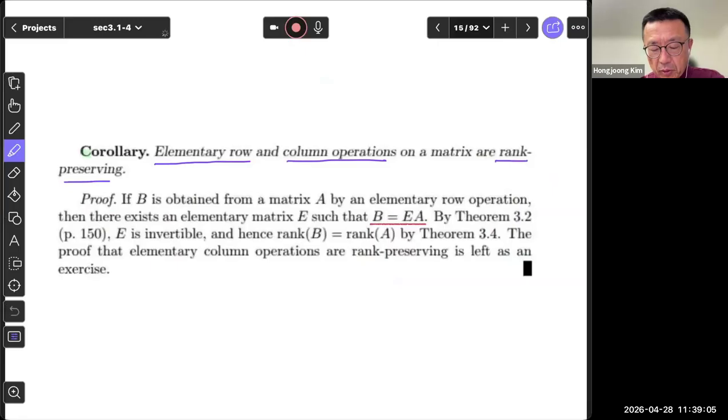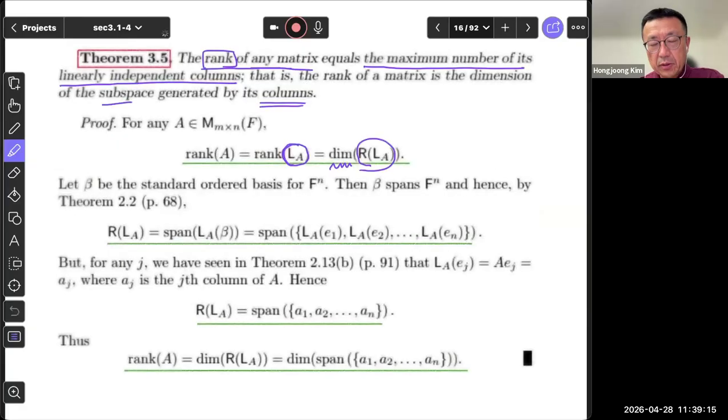So this corollary is more important. When you perform elementary operation, the rank is preserved.